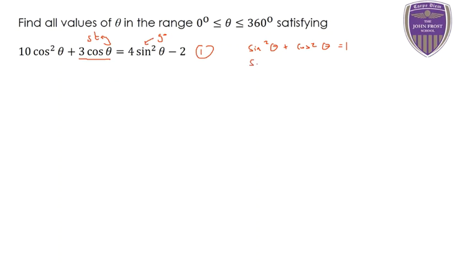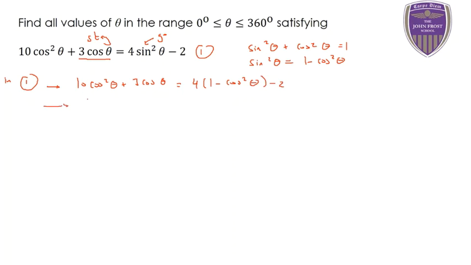So sine squared theta equals 1 minus cos squared theta. Put it into equation 1, and you're going to get 10 cos squared theta plus 3 cos theta equals 4 brackets 1 minus cos squared theta, minus 2.